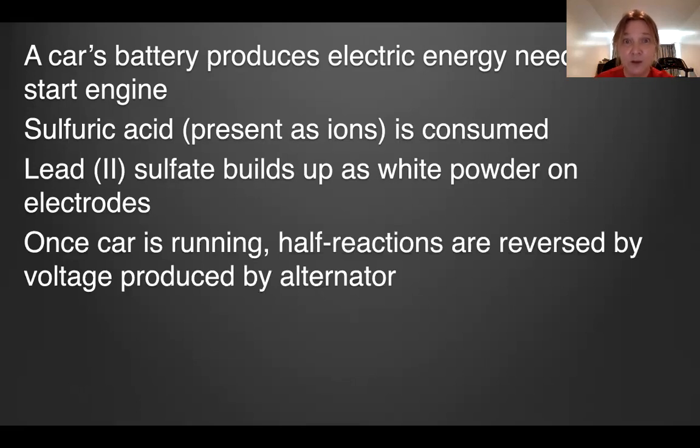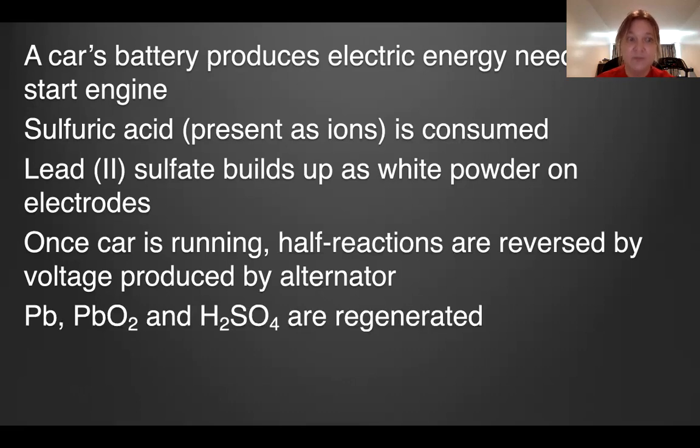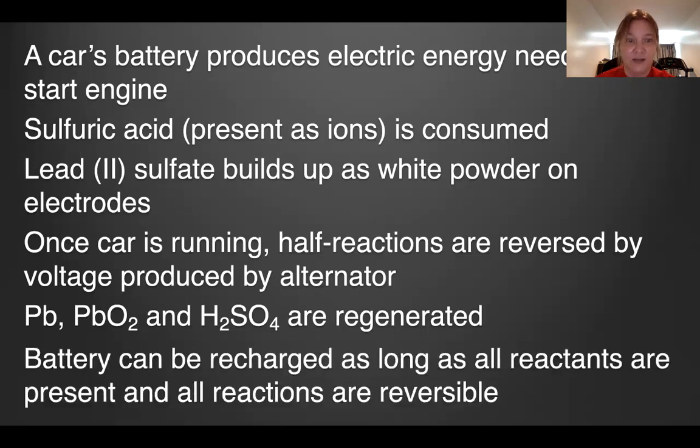Once the car is running, however, the half reactions are reversed by voltage produced by a component in the car called the alternator. So lead oxide and sulfuric acid are regenerated. The battery can be recharged as long as all of the reactants are present and all of the reactions are reversible.